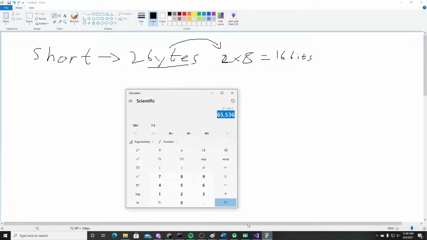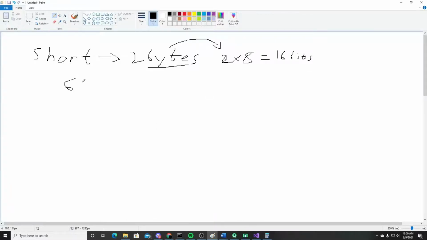And so we know that a short can represent 65,536 different values. Why is that? Well, if we write out our 16 bits, and I'm going to separate these into nibbles, which is just a grouping of 4 bits.